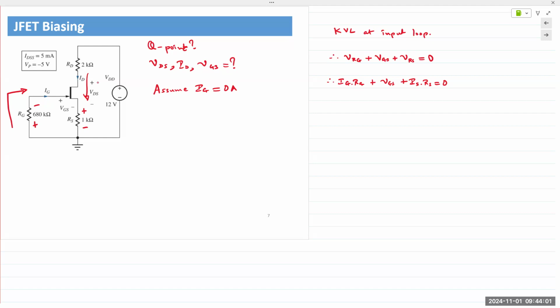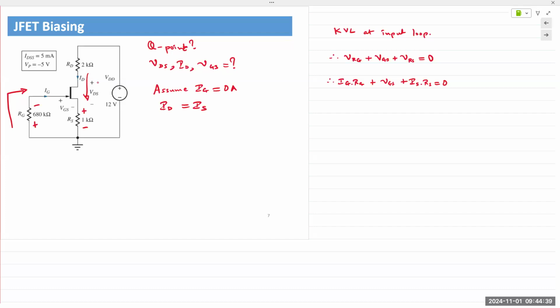And if the gate current is 0, we can state the drain current and the source current are exactly the same. And so we can write ID is equal to IS, which also makes sense because we just saw in the previous slide, electrons are flowing from the source to the drain, current flows from drain to source, and it's exactly the same current. Gate current is negligible. So IS is equal to ID.